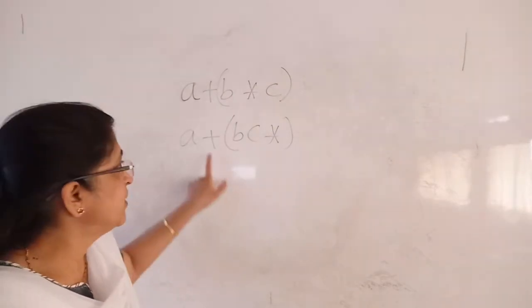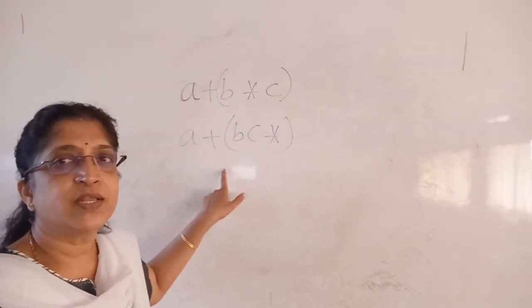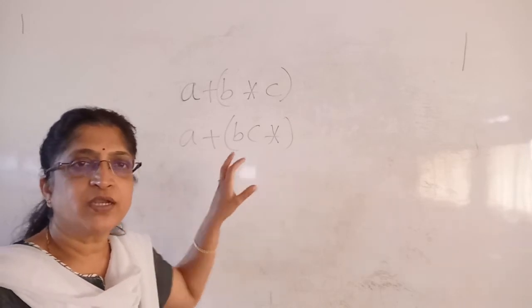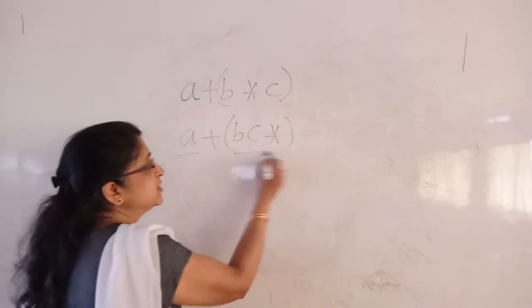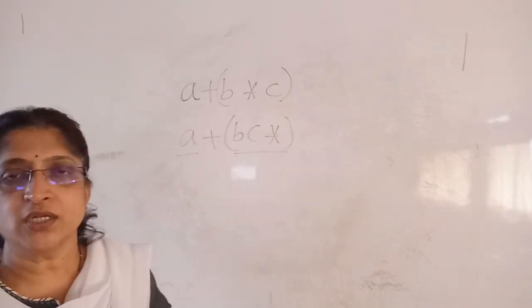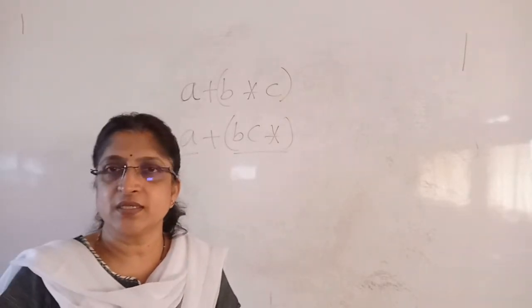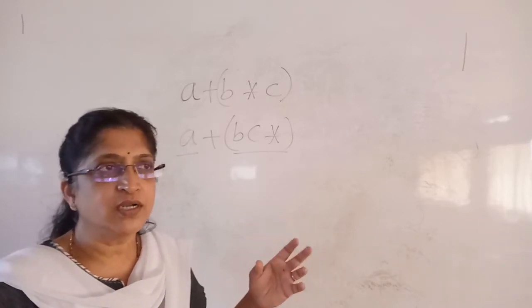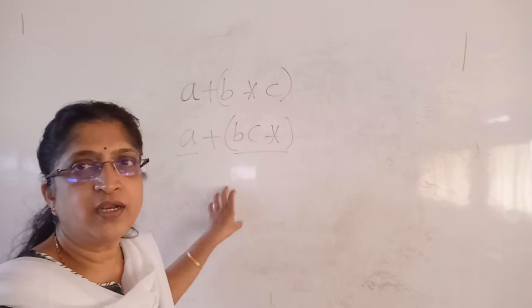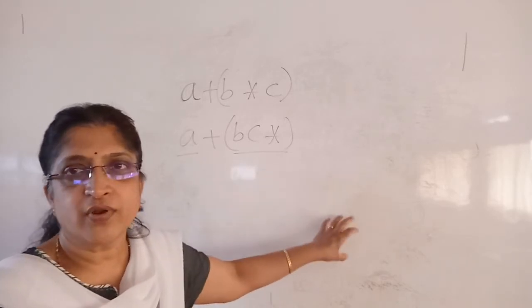Now we have one more operator to convert, that is the plus operator. So for the plus operator there are two operands. One is a, the other one is bc star. That is, whatever result you get after multiplying b and c, that product will be added with a. So we have to convert it by writing the first operand, then the second operand, then we have to write plus.